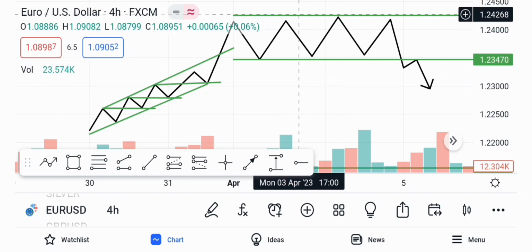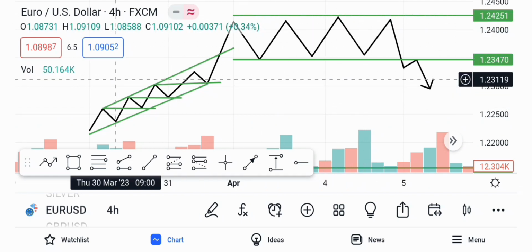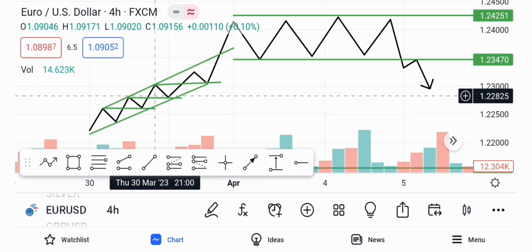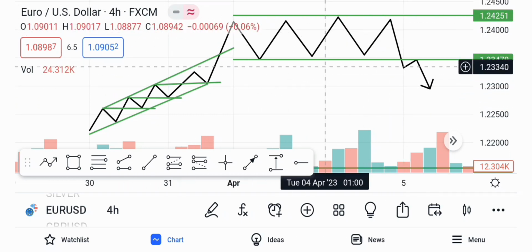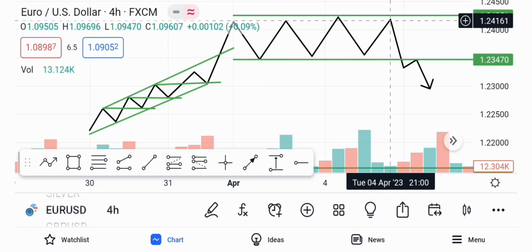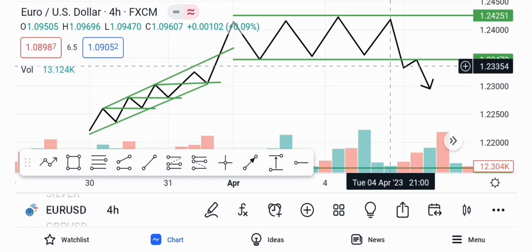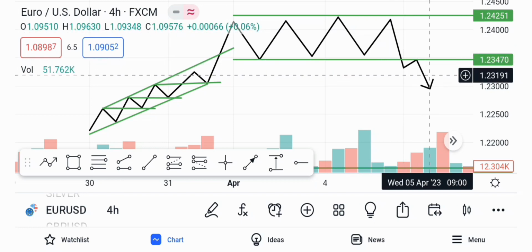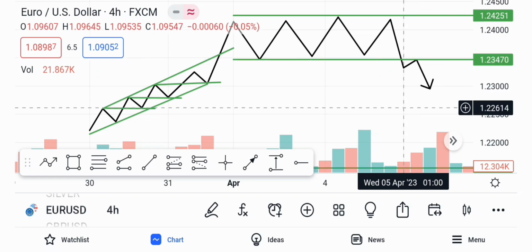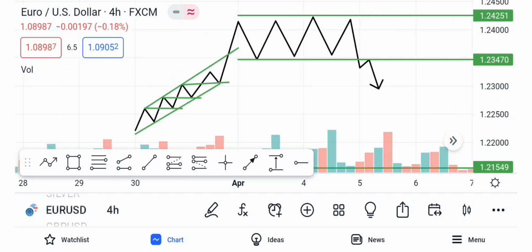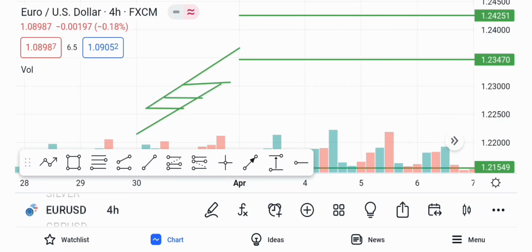This is the ranging market, and this is our uptrend. So this ranging market is very obvious. When the price broke through, that was our profit target. It went back, retested, and continued. So those are the basics of trading.